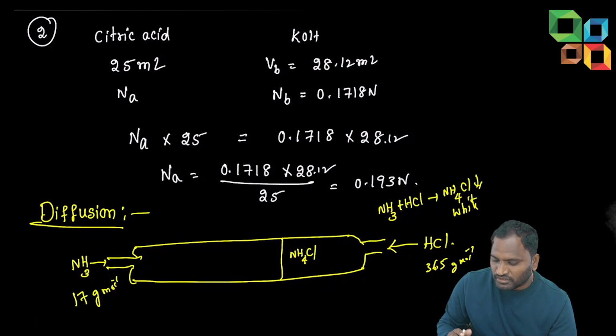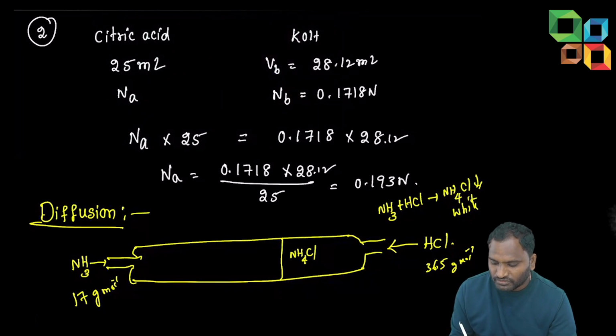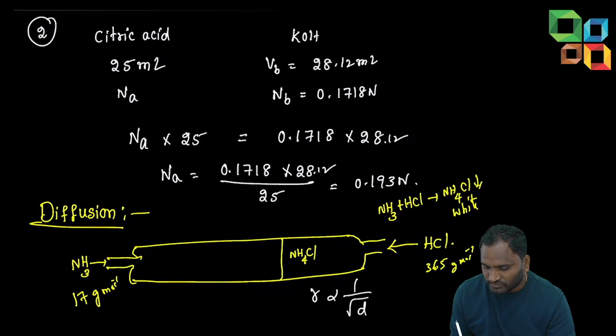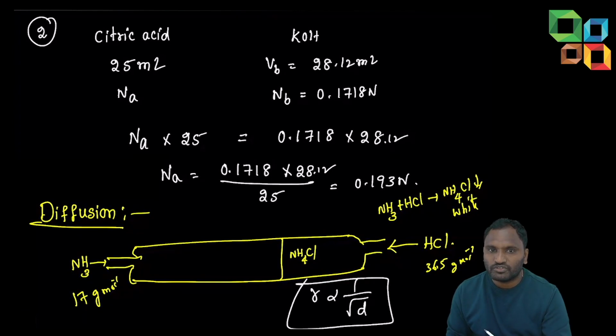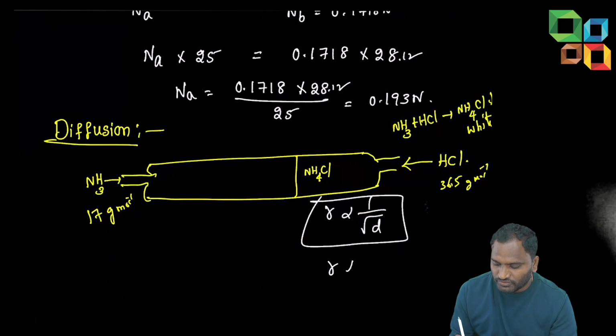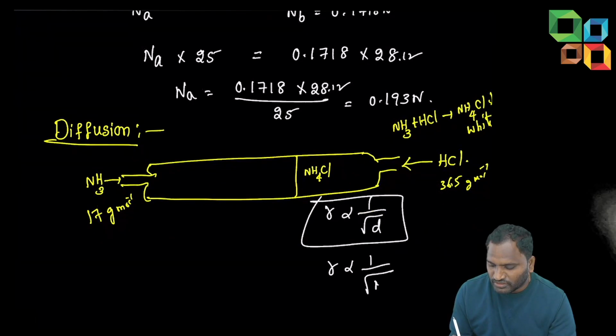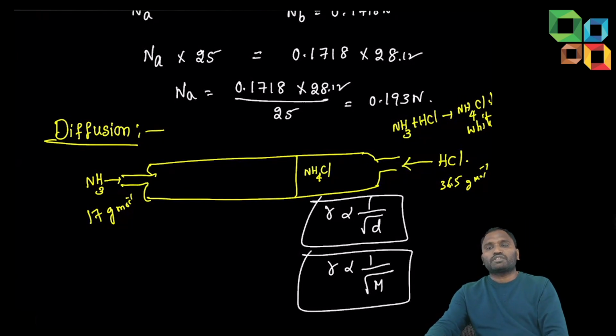Like I told you, lighter gases can diffuse faster than heavier gases. That was given by Graham. Rate of diffusion is inversely proportional to the square root of density. You can also write it in terms of molar mass: inversely proportional to the square root of molar mass.